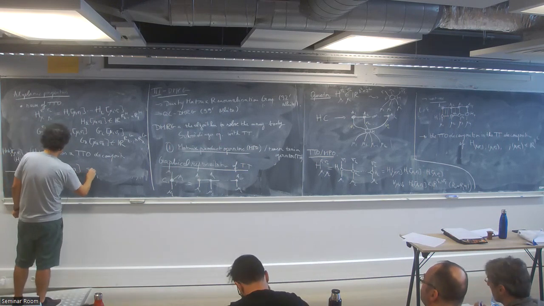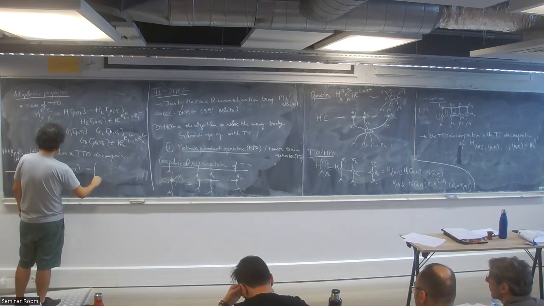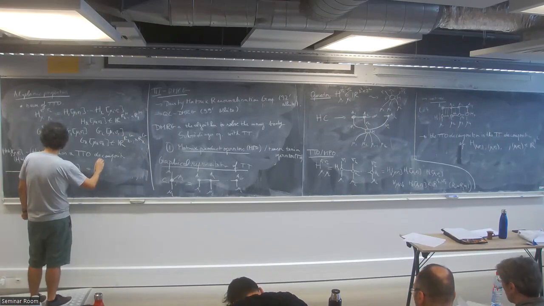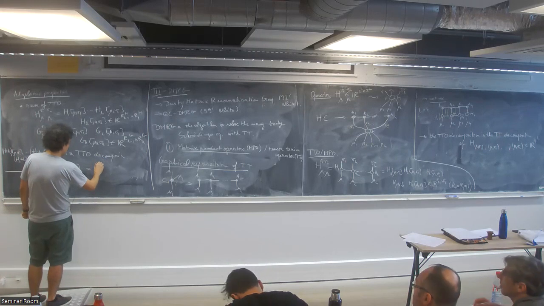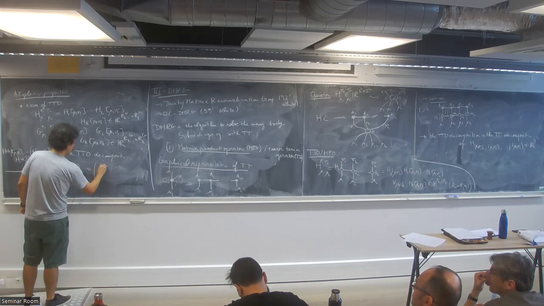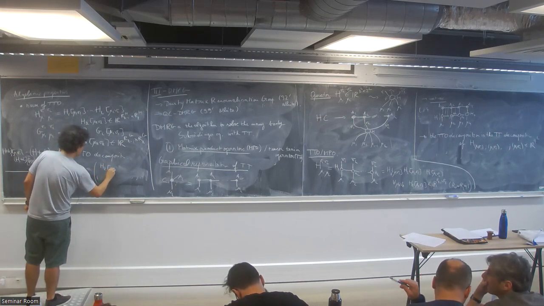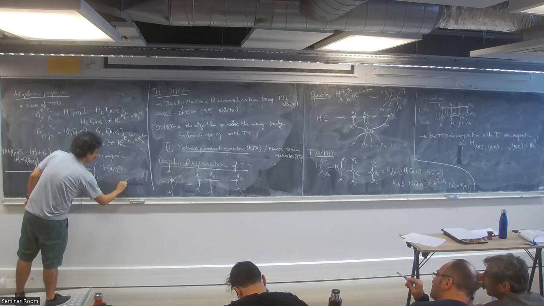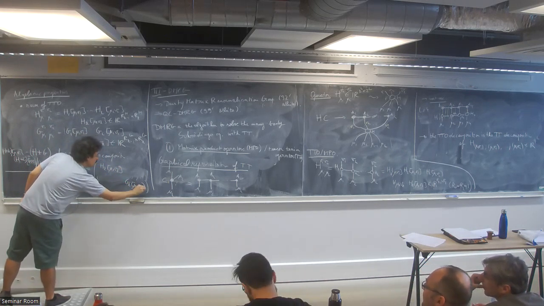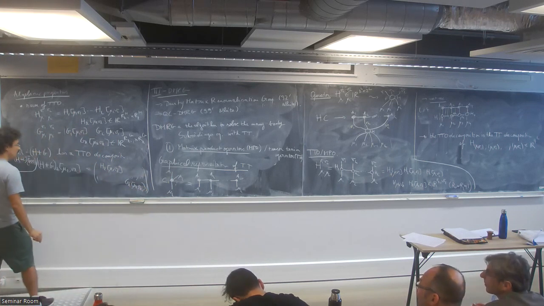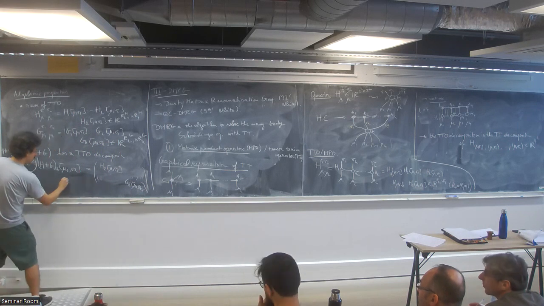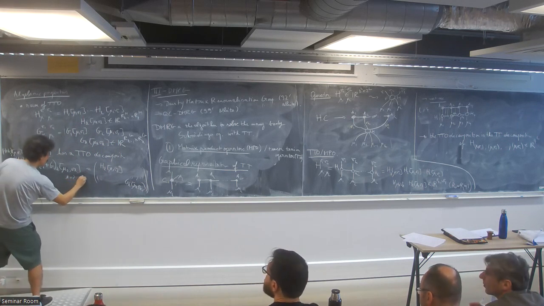So basically, what you do is you just write it as block diagonal matrices, except for the first one, so this is for k from 2 to L minus 1.